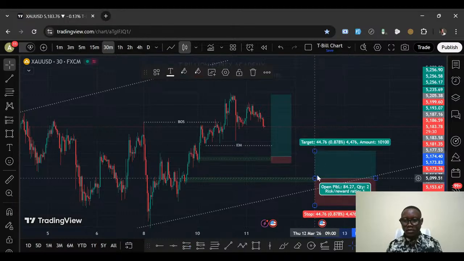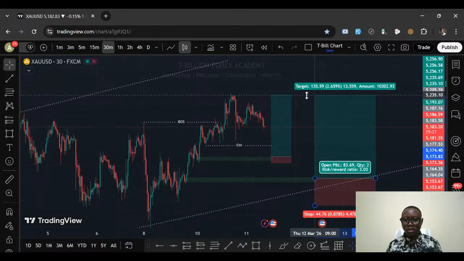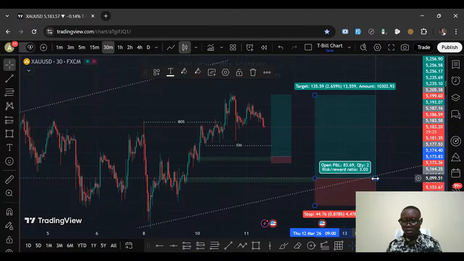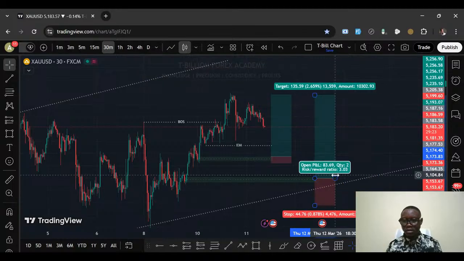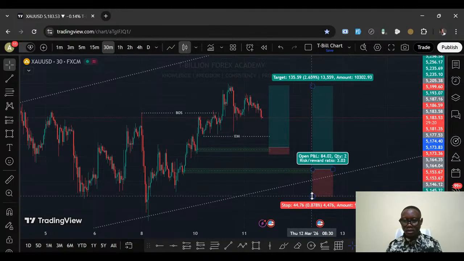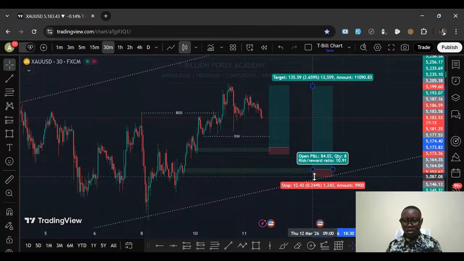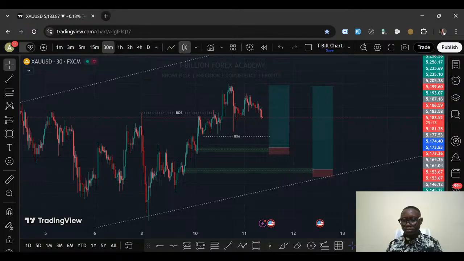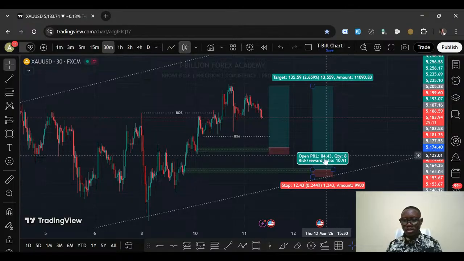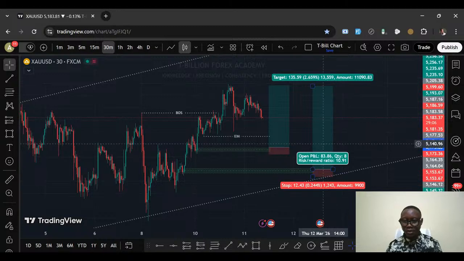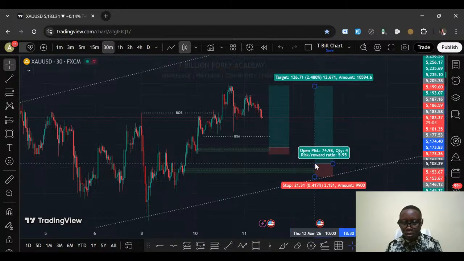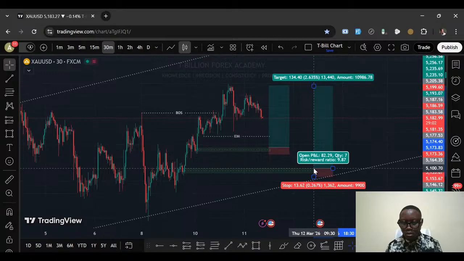All right. So I have this here. We target this much, and for SL, I will be right here. So this is approximately a 1:10 risk to reward ratio. This is our entry, and this is the SL right here.